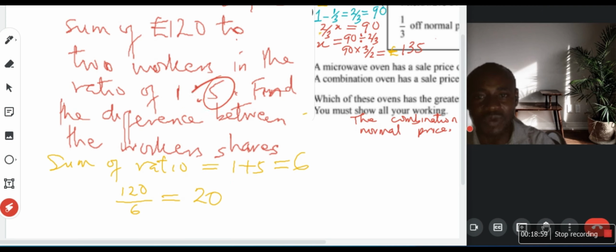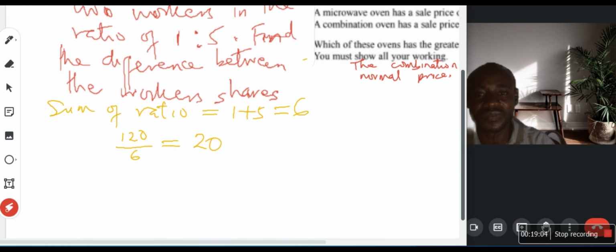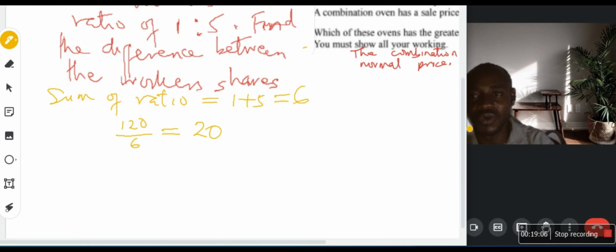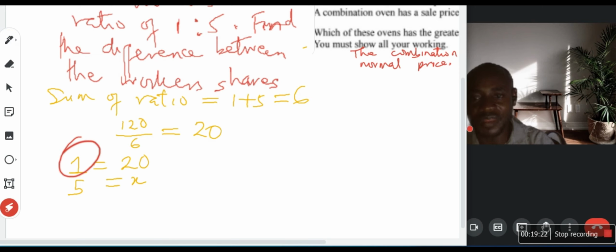So 1 unit is 20. 5 units should be what? Simple proportion again. You just cross multiply: 1 times x, 5 times 20.